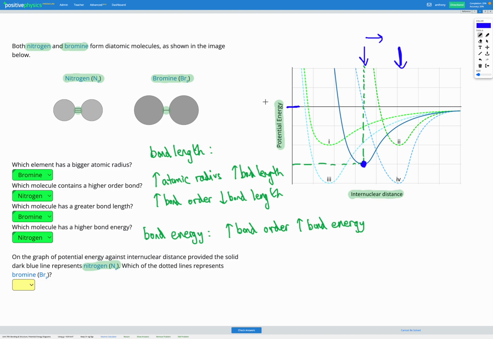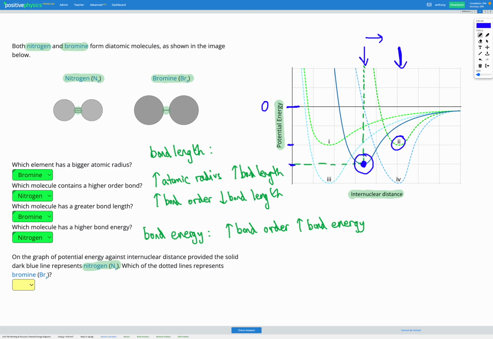So that's our 0 potential energy. And underneath, these are actually showing negative potential energies. So we're looking for the greatest value for the bond energy. And since these are negative numbers, this value at this point is greater than the value at this point.